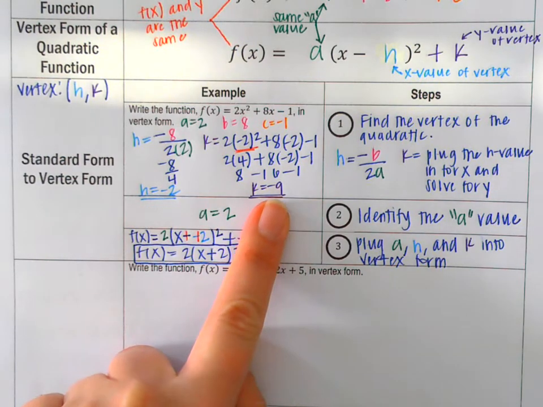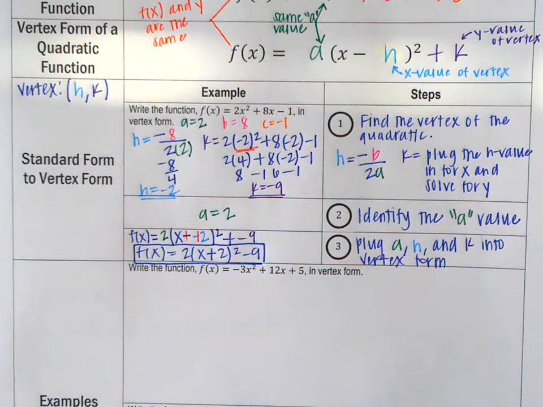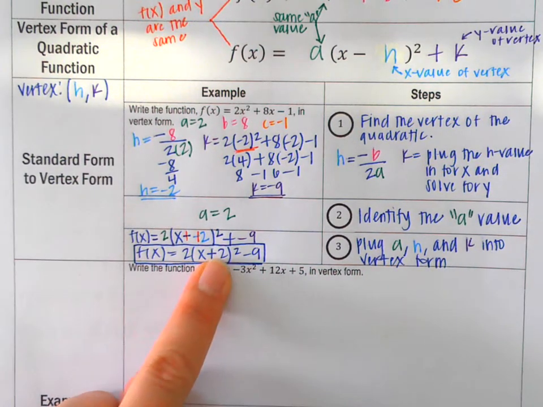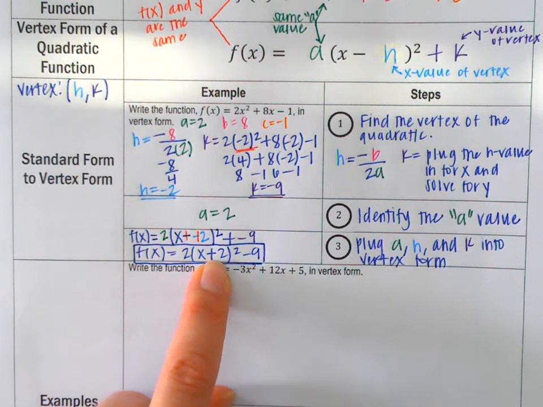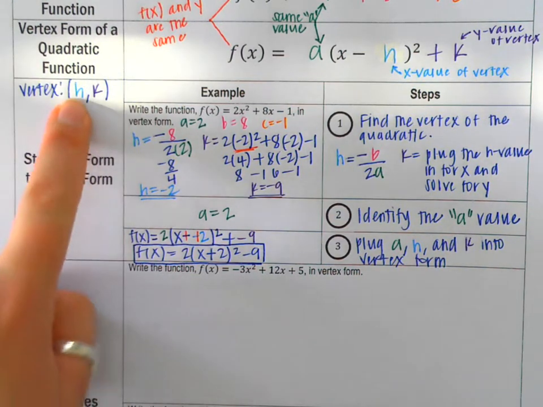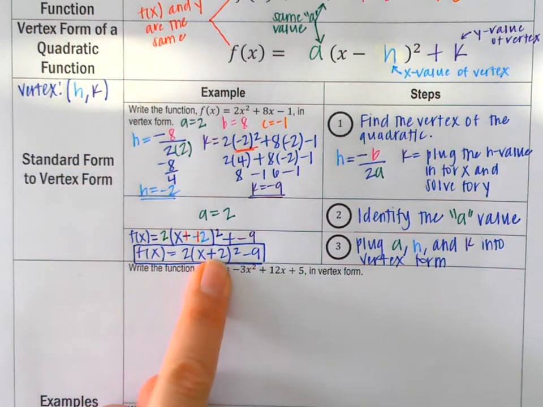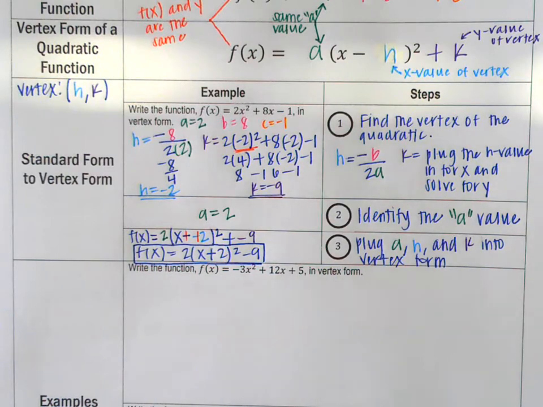What's important is that the minus is built into the equation. So whenever I ask what's the vertex, you look at the sign, and for the H value, you take the opposite sign. If this is positive 2, your H value would be negative 2. If this was negative 2, your H value would be positive 2. So it's always the opposite.